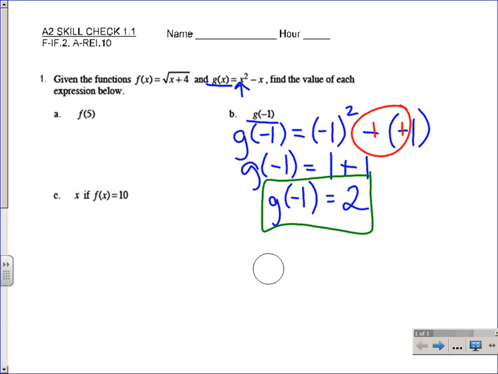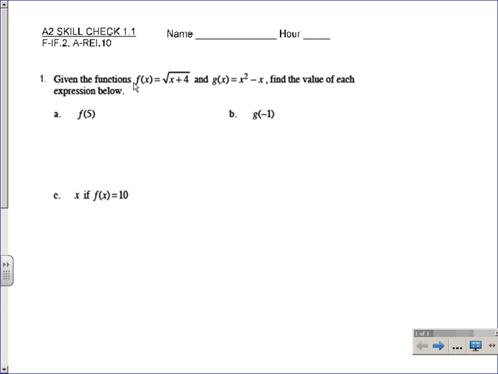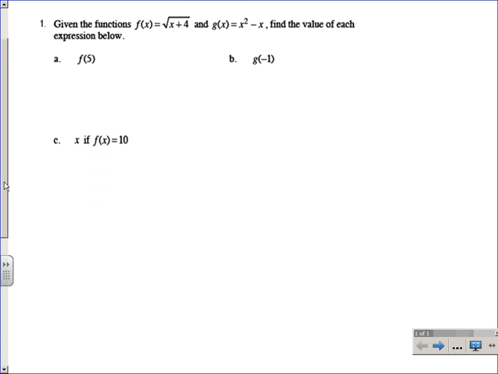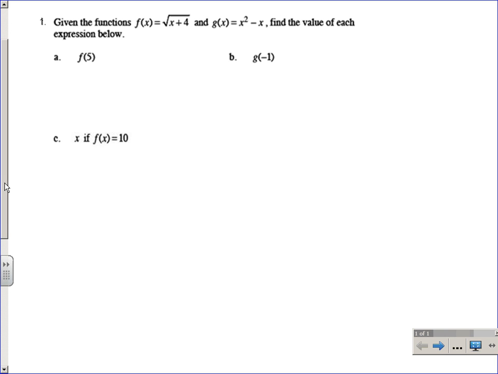The most challenging one on here, as you know, they increased in difficulty, is part C. This one says you're solving for x if f of x equals 10. F of x equals 10 means I'm going to replace f of x in this equation with a 10. 10 is going to go in that whole spot.